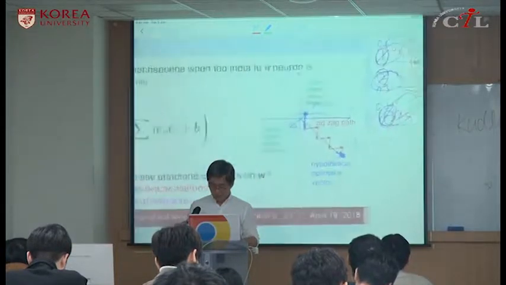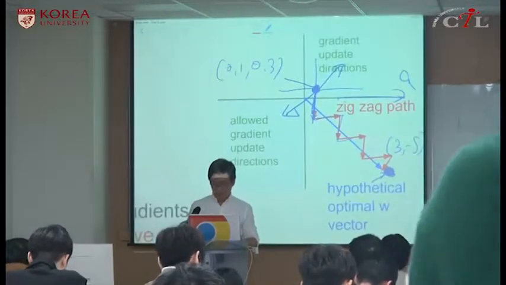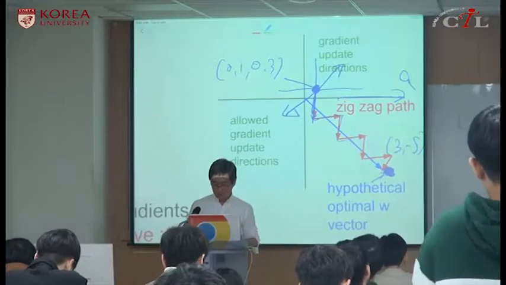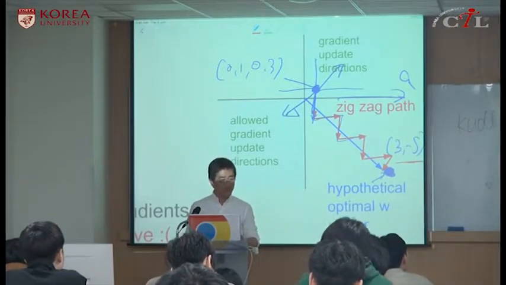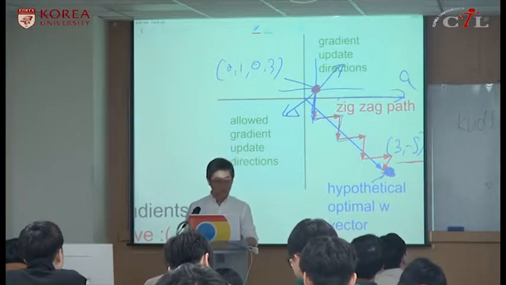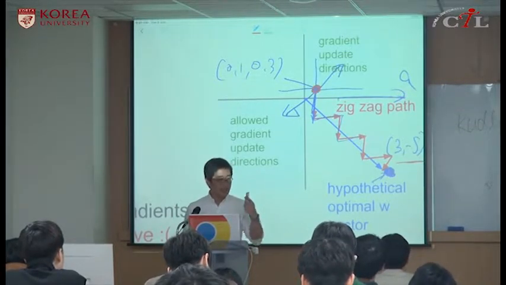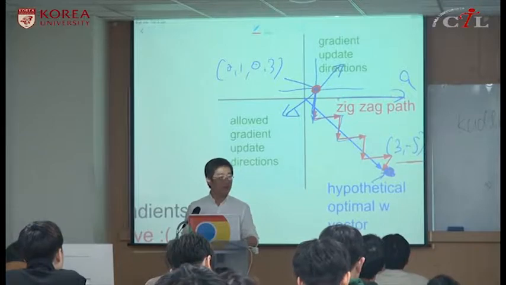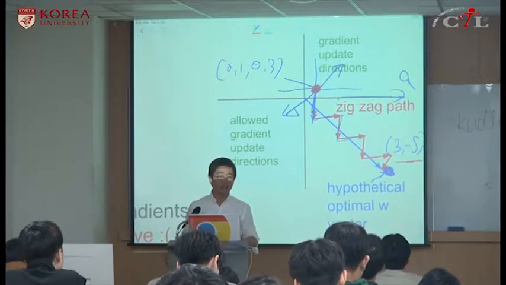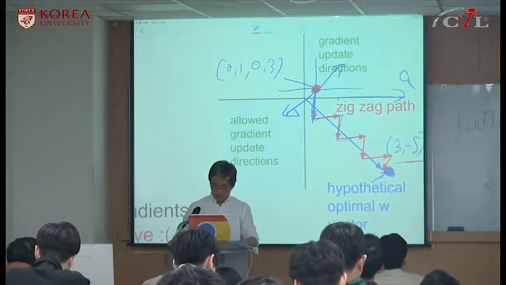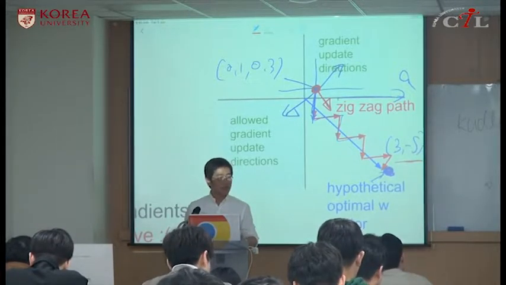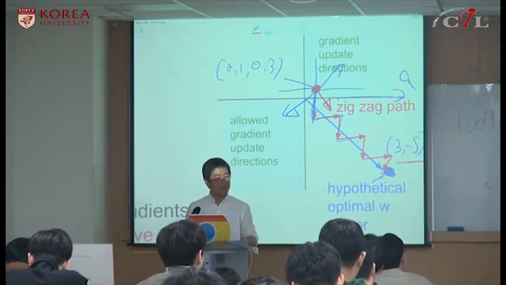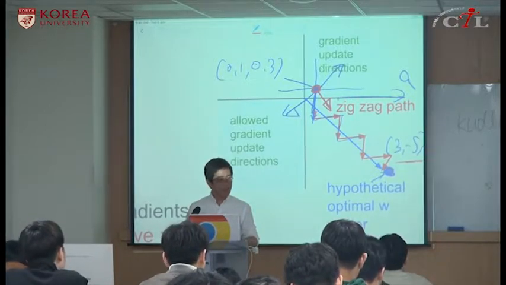So if the optimal values of A and B have different signs, and we start from here, the gradient descent update becomes quite inefficient, because we have no way to go directly in the direction where the gradients of A and B have different signs, right?